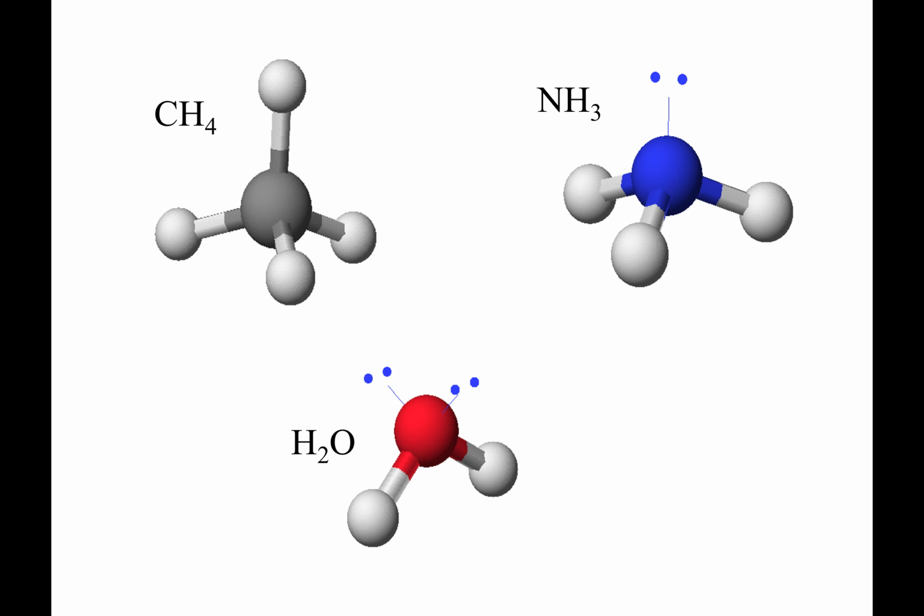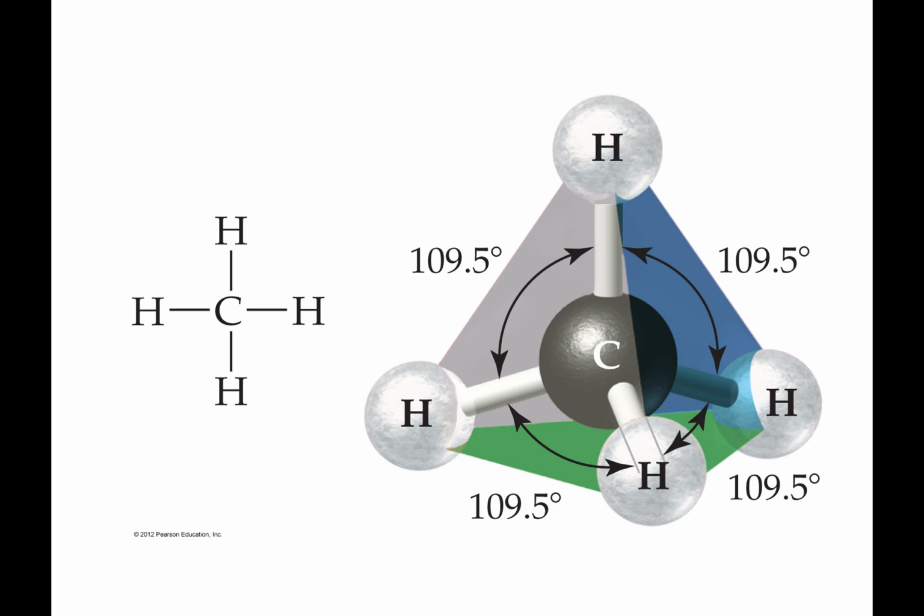So what happens here is we're going to see this bond angle for NH3 is actually a smaller angle than this bond angle. And here where we have 2 electron pair domains that are occupied by lone pair electrons, this is even fluffier. So this is going to be the smallest angle of them all.